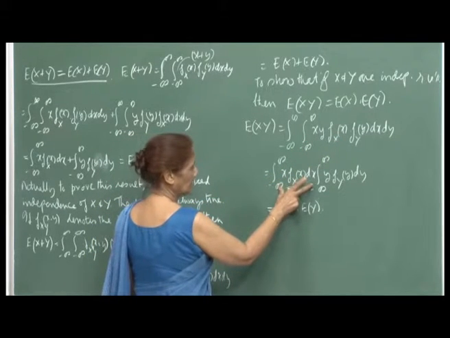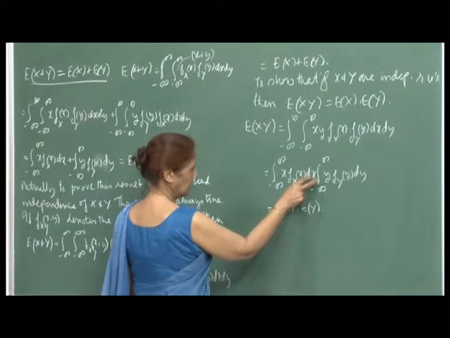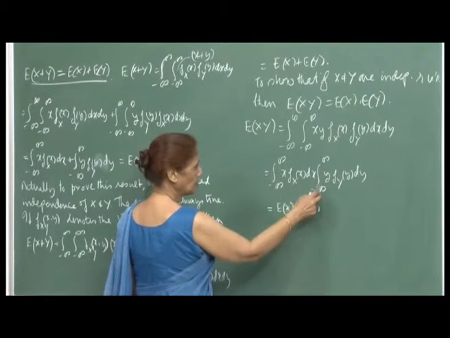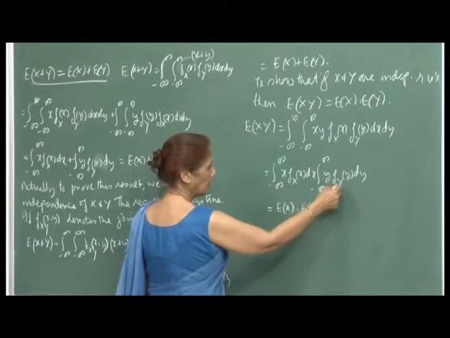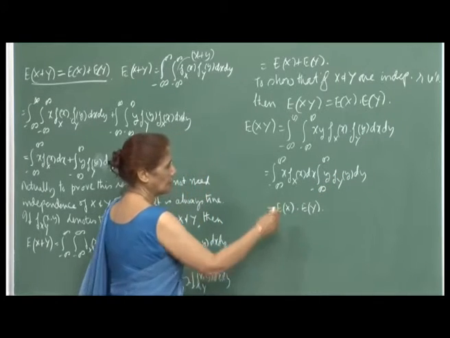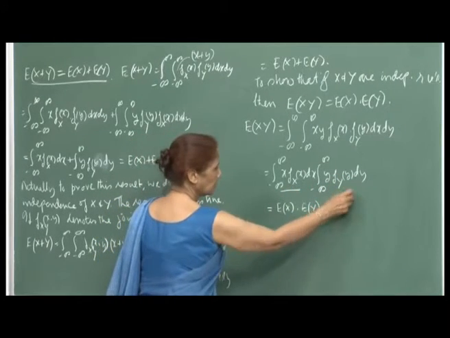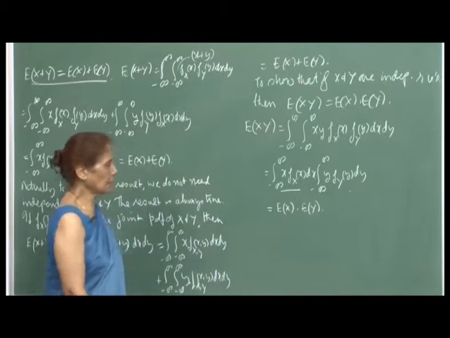So, this is the integral of x f_X(x) dx from minus infinity to infinity into the integral from minus infinity to infinity of y f_Y(y) dy, and now this is E x and this is E y, and so I get the product.